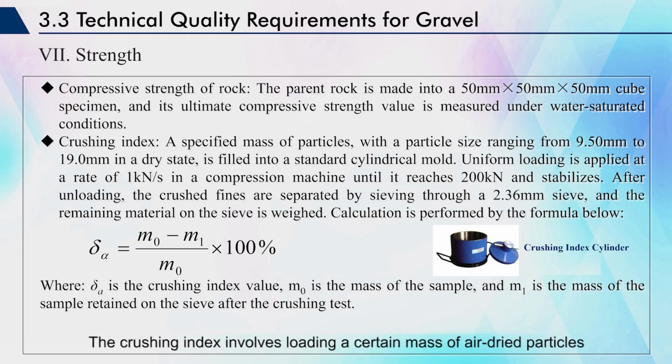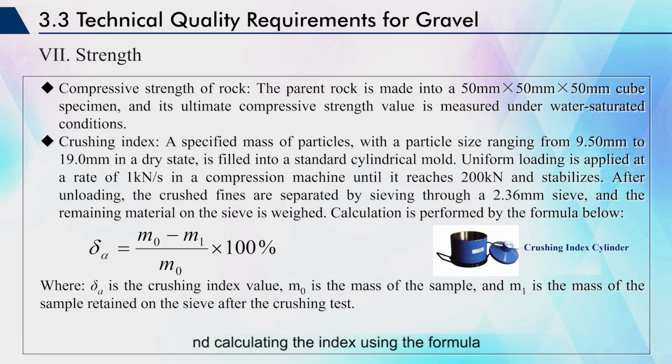The crushing index involves loading a certain mass of air-dried particles with size between 9.50 mm and 19.0 mm into a standard mold, applying uniform pressure on them to 200 kN at a rate of 1 kN per second, sieving out fines using a 2.36 mm sieve after unloading, and calculating the index using the formula.